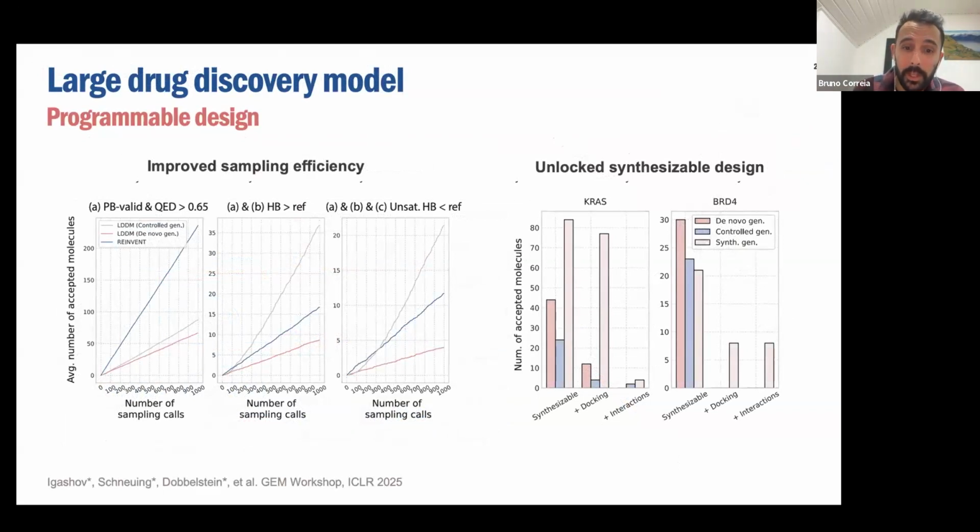So when we sample, maybe just one example here, we can sample less but obtain molecules which are aligned with the properties that we're looking for, and ultimately we end up with better solutions, or with more solutions that are synthetically accessible versus those that are not, and that we can actually purchase and test.